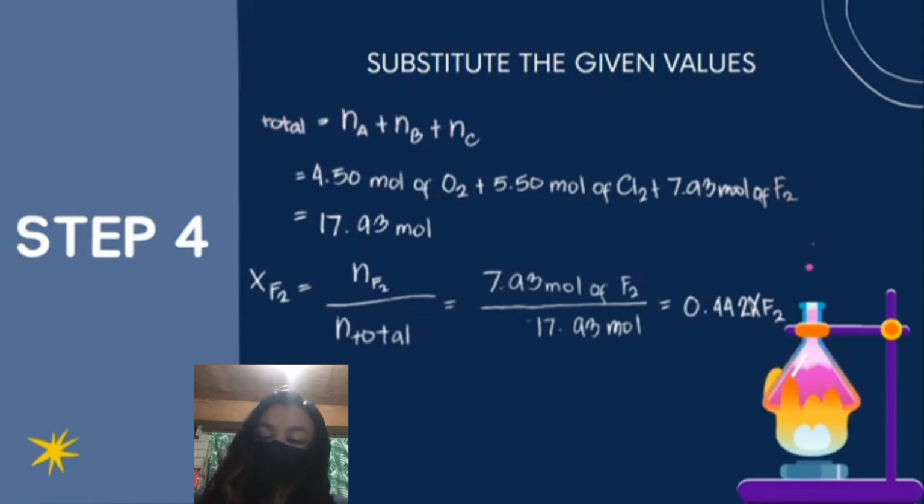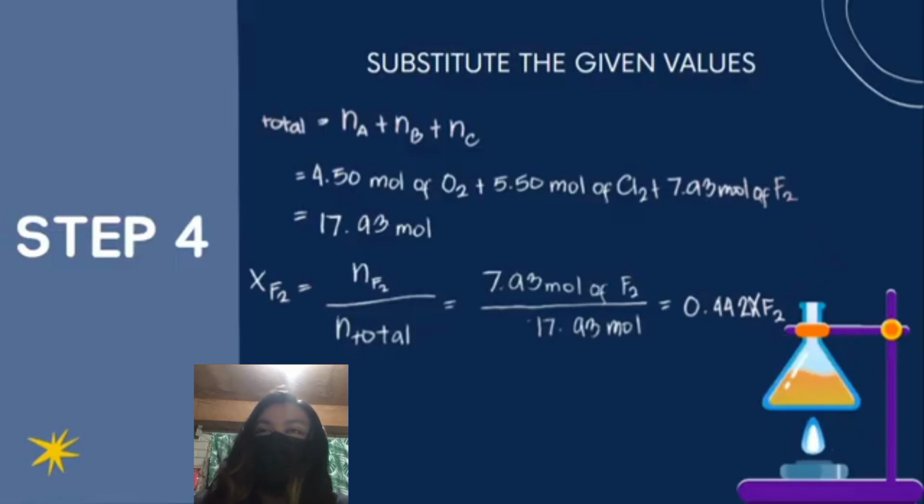So for the mole fraction, we need to substitute the moles of fluorine and the total number of moles, which is the number of moles of fluorine over the total number of moles.